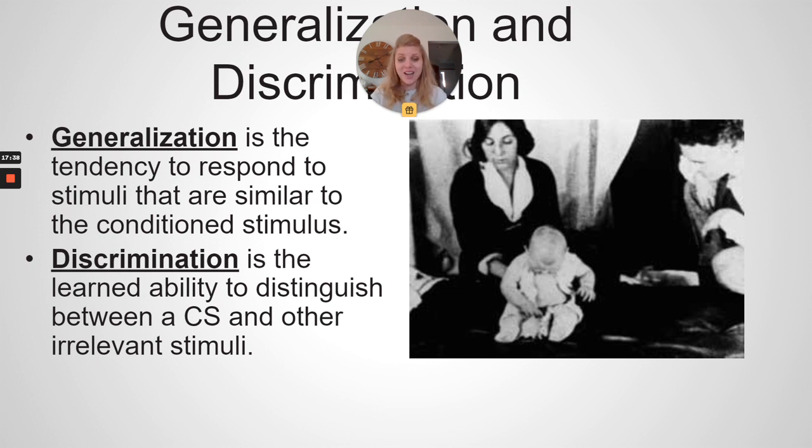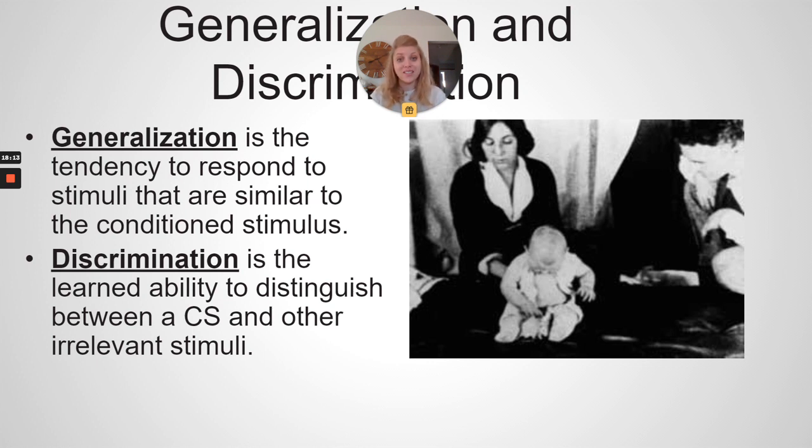And this displays a concept known as generalization, that when I have a conditioned response to a specific conditioned stimulus, stimuli that are similar to one another can elicit that same conditioned response. And so, yes, Albert is conditioned to fear the white rat, but then he starts to fear all kinds of things that are white and furry. Whereas something that's not white and furry, Albert's not going to demonstrate fear against.